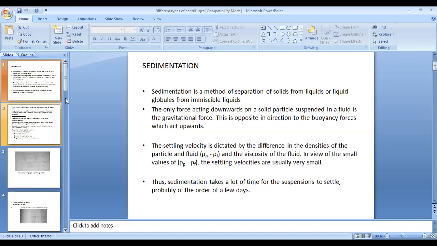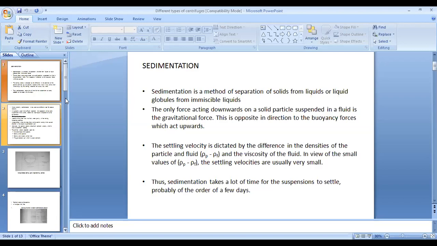With the help of sedimentation, we cannot separate the particles efficiently. We can separate them, but it takes a lot of time. Why? Because the force behind this sedimentation is only the gravitational force.